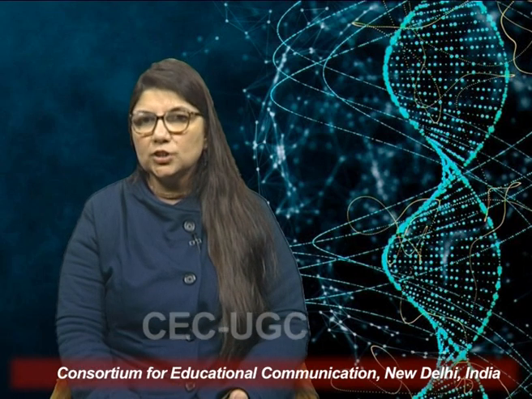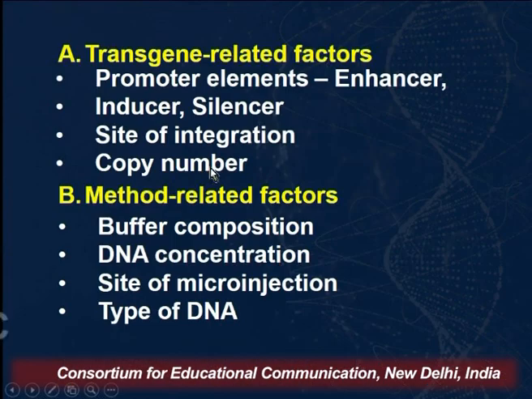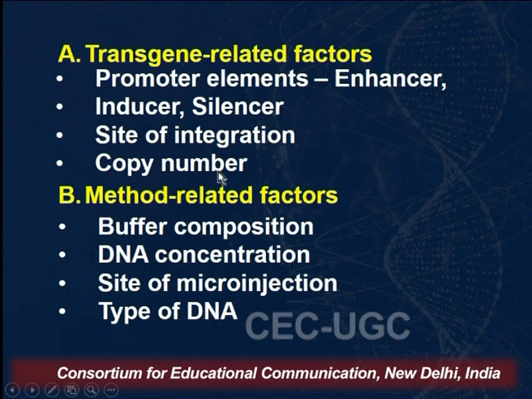In transgene related factors, it depends upon what kind of promoter elements you are using. If you want to express the transgene in specific tissue types, you need to use promoters which are expressed in those tissue types. It depends upon the site of integration, because it integrates randomly and may be integrated at regions where the expression is hindered. Again, the copy number: more transgenes will favor more protein production, but it can also hinder the generation or sustenance of the litter.